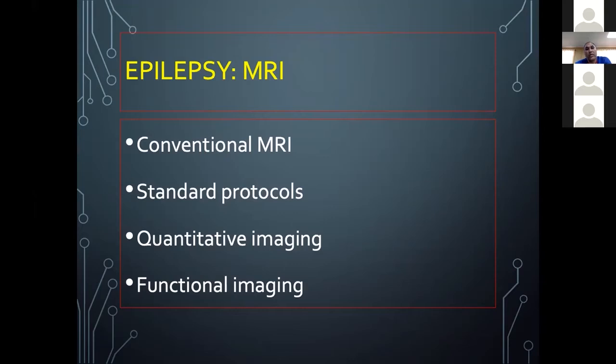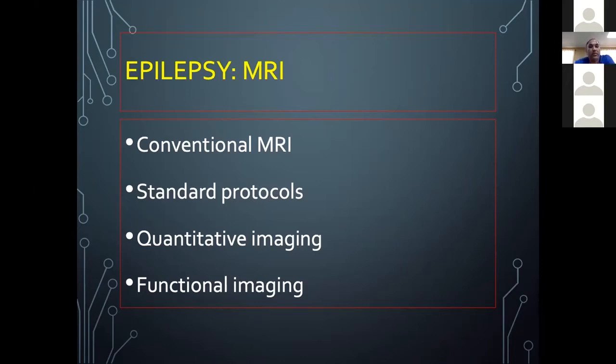So CT plays an important role, and also when the patient comes to the emergency, it is very easily available and easy to do. And already Dr. Ajay has shown a spectrum of imaging manifestations in patients with cysticercosis, and the features based on which you can actually diagnose them.